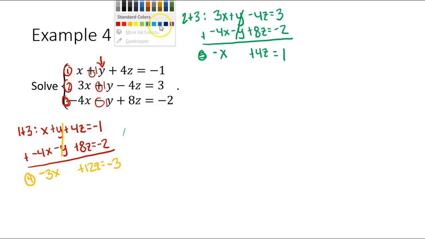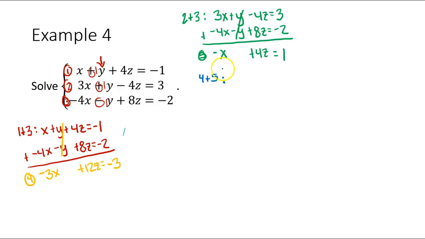Now we're going to take equations 4 and 5, we're going to put them together, and we are going to eliminate, I think I'm going to eliminate the x, because the first one here already has a coefficient of 1. So we have -x plus 4z equals 1, that's equation 5. -3x plus 12z equals -3, that's equation 4.